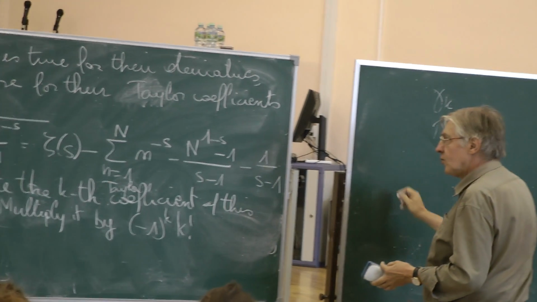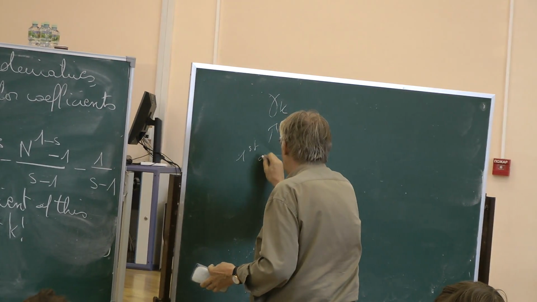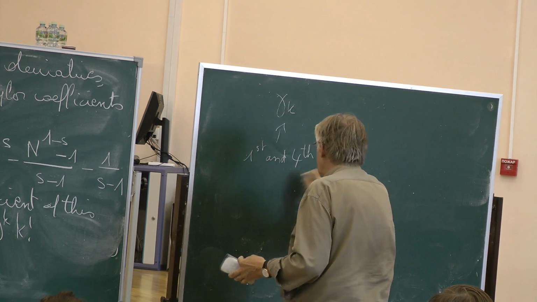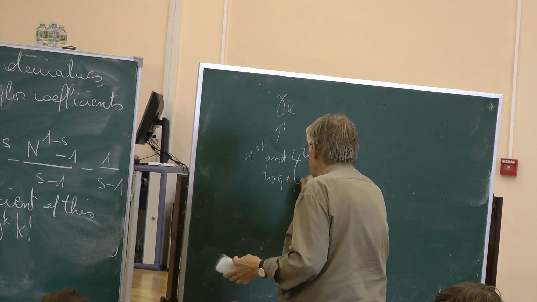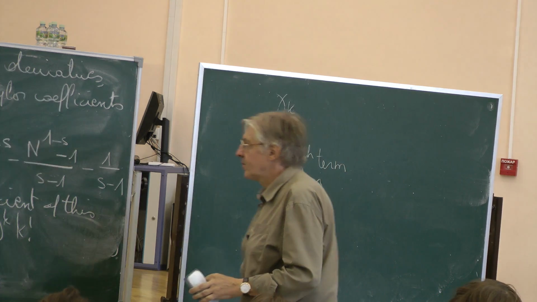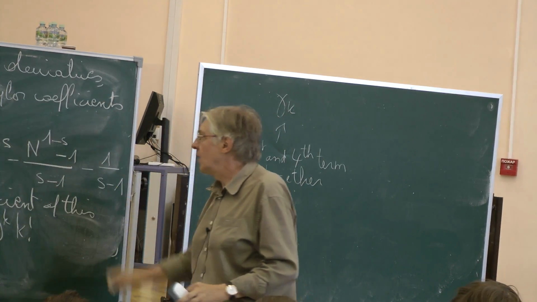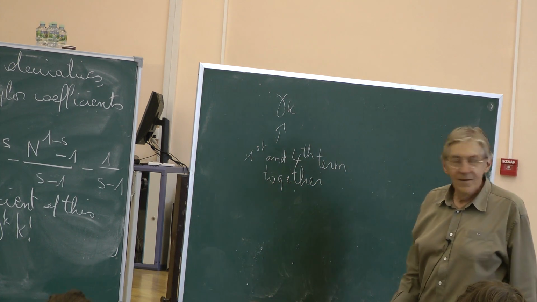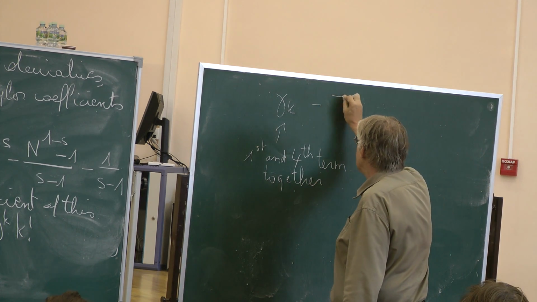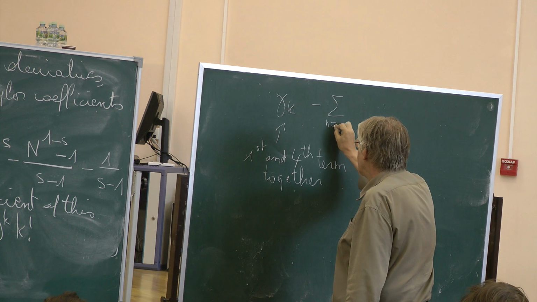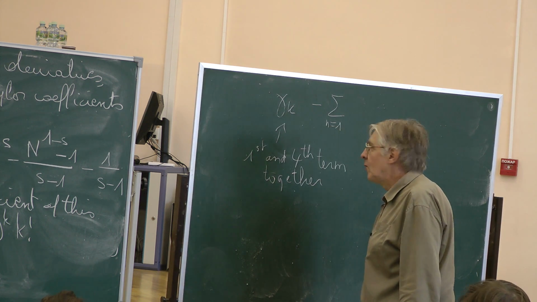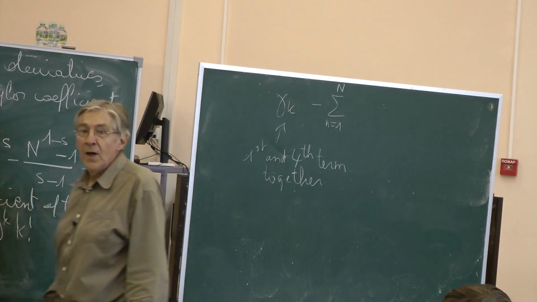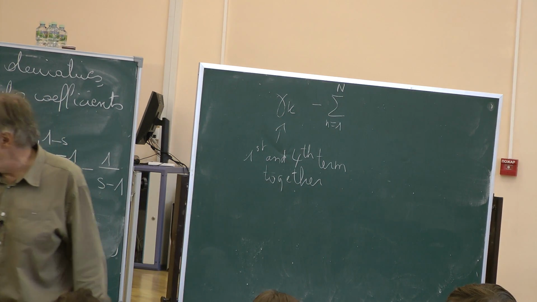So I get gamma k. This comes from the first and fourth term together. This one and this one. Now I have to expand this thing minus the sum for n going from 1 to capital N, and I have to expand n to the minus s near s equal 1.